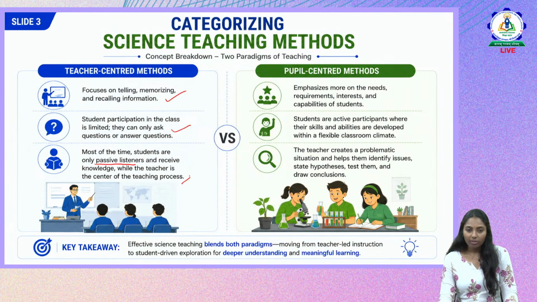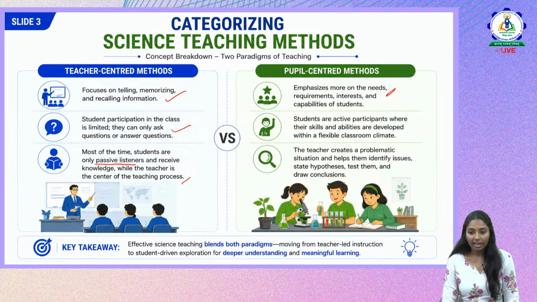Now some of them have shifted towards student-centered learning. In this, the main aim is the student. Much emphasis is given to the needs of the students, their requirements, their interests, their capabilities. Based on all these things, the methods are crafted for them, to make sure they adapt to them also.